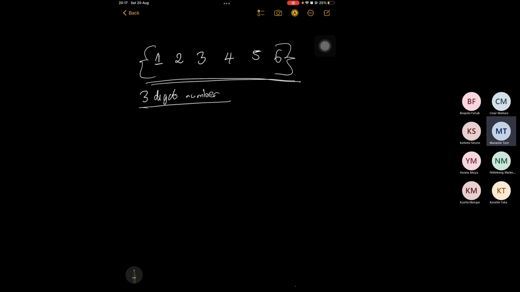How many three-digit even numbers can you obtain from our given set?